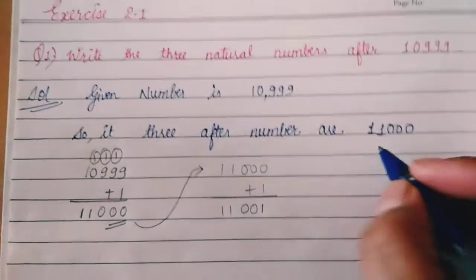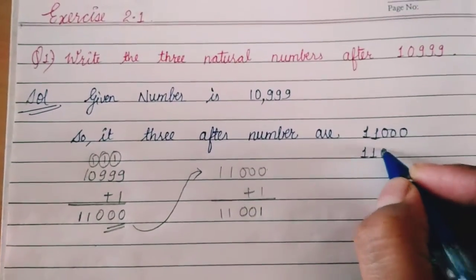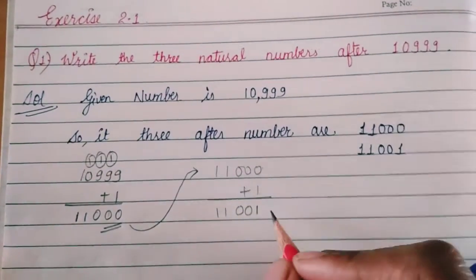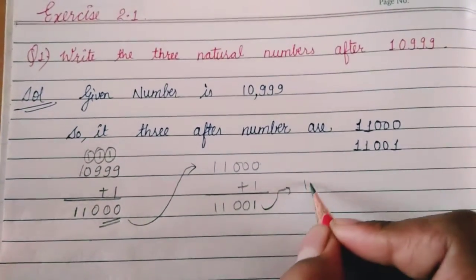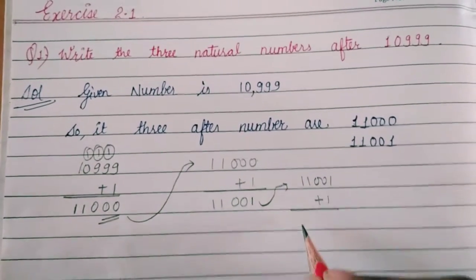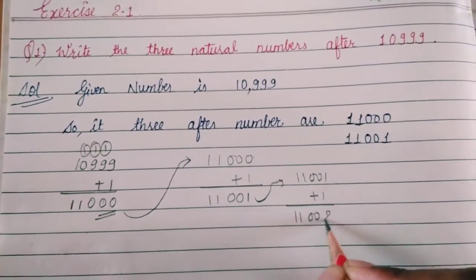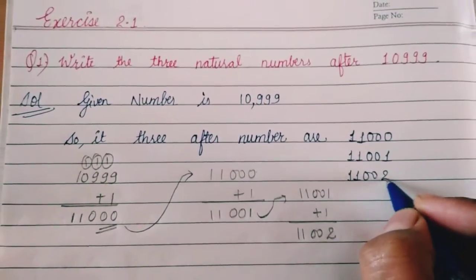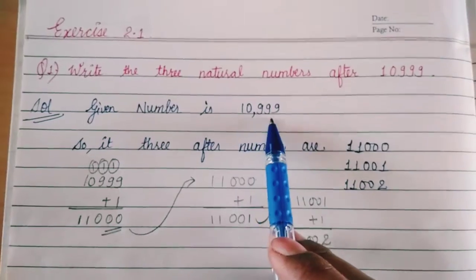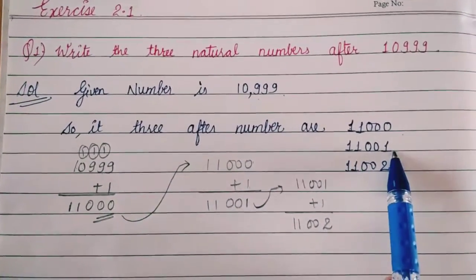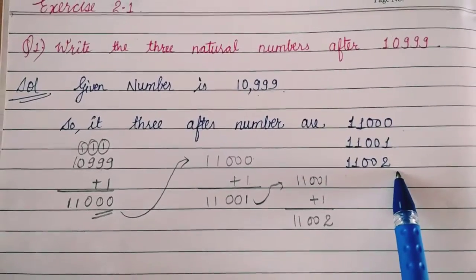So after 11,000 we have 11,001. And next, when we add 1 to 11,001, we get 11,002. So the three after numbers after 10,999 are 11,000, 11,001, 11,002.